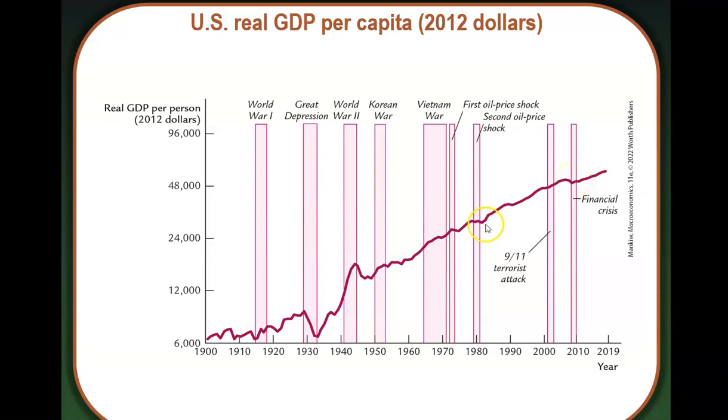This long period of uninterrupted growth from about 1985 to 2008, we call the Great Moderation. You can see the business cycle is less severe, not many downs, it's a pretty steady upward climb. And this led a lot of people to think that economists have this all figured out and we've conquered the business cycle.